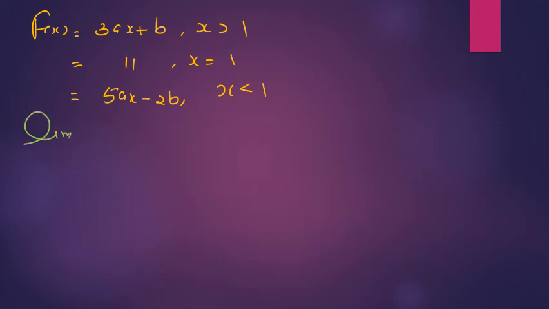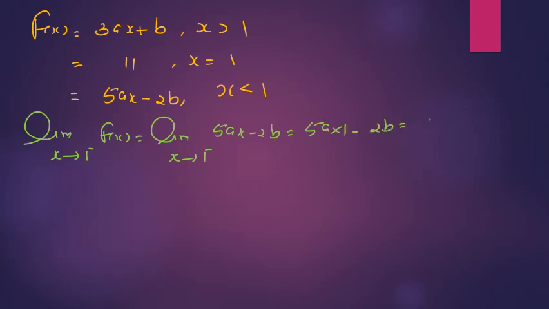So here you have to find out limit x tends to 1 minus f of x, which is 5ax minus 2b. So 5a into 1, then add 2b. What is it? 5a minus 2b.